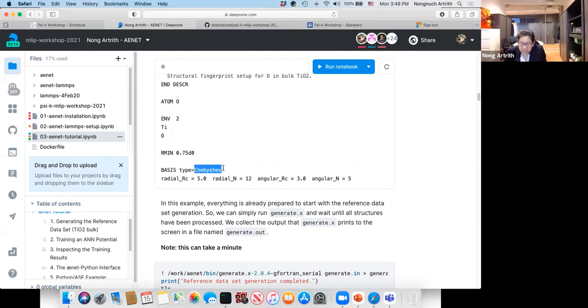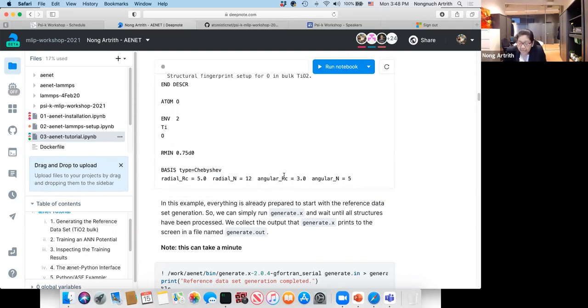This is the keyword, Shepard, so you basically have just one line. For example, here the radial cutoff is just 5 angstroms, and the order of expansion is 12. And for the angular part, we have just 3 angstrom, and the order is just 5.